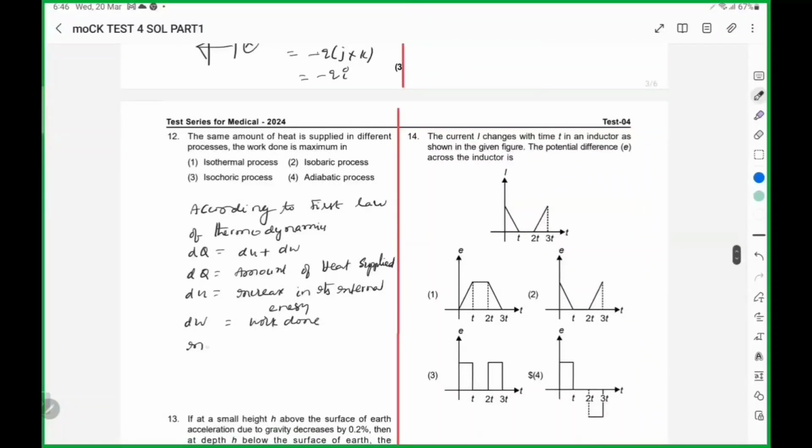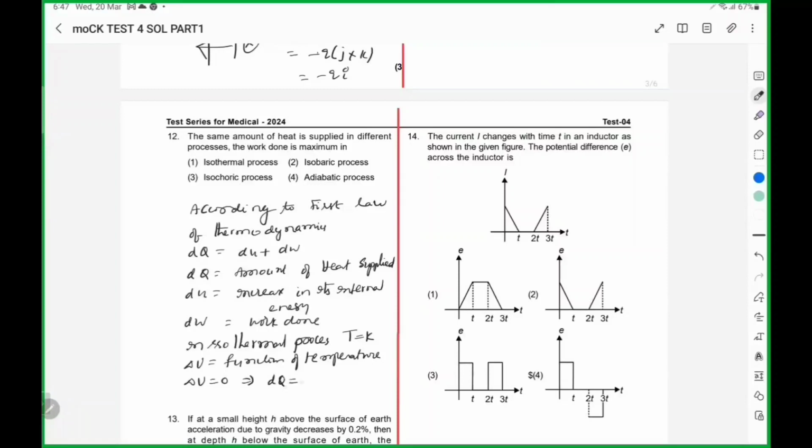So in an isothermal process, temperature is constant. Change in internal energy is a function of temperature. No change in temperature, internal energy change is 0.